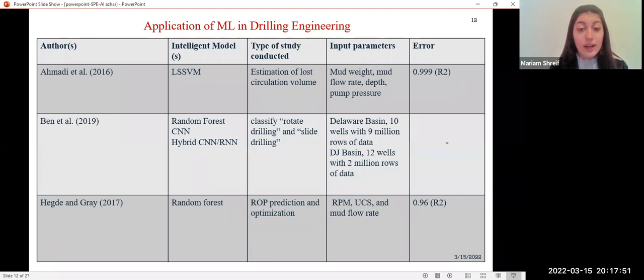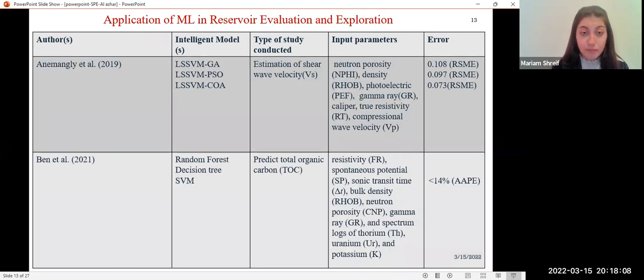Another study used the random forest, the convolutional neural network, and the hybrid convolutional neural network and recurrent neural network in order to classify rotary drilling and slide drilling. And we can use the random forest to predict the rate of penetration.